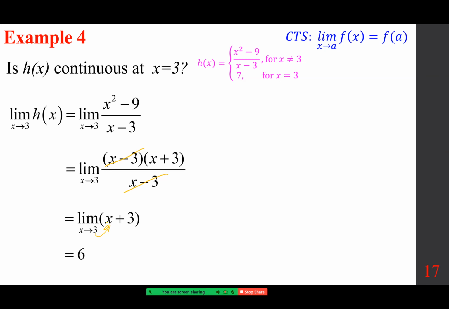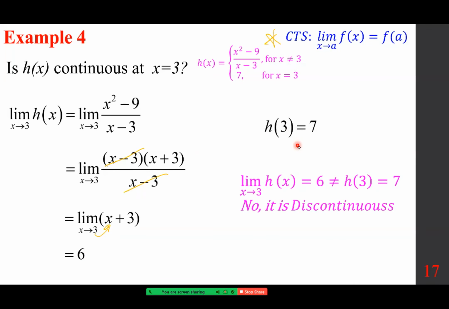So is h of x continuous? All we have to do now is compare to the functional value. The meaning of this is that h of 3 is 7. Are they identical? No. Therefore, it's discontinuous at x equals 3.